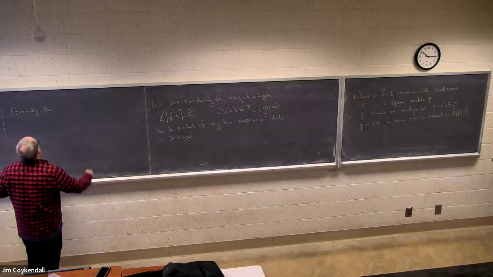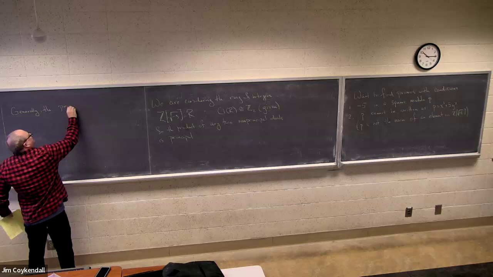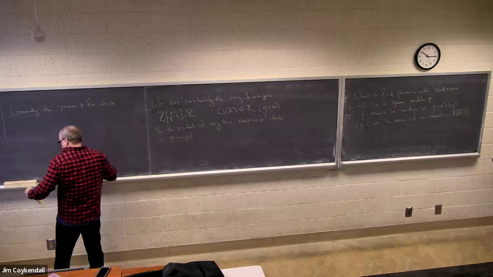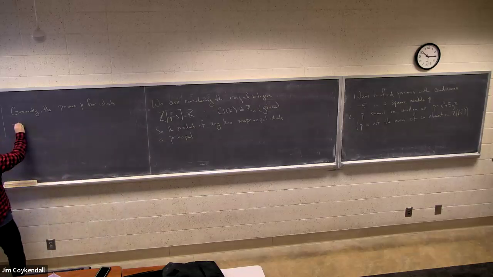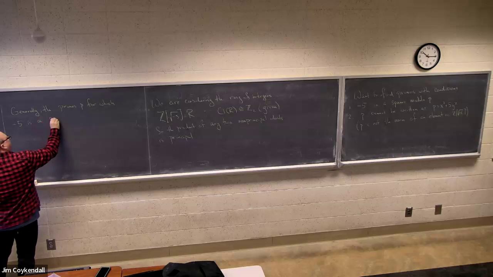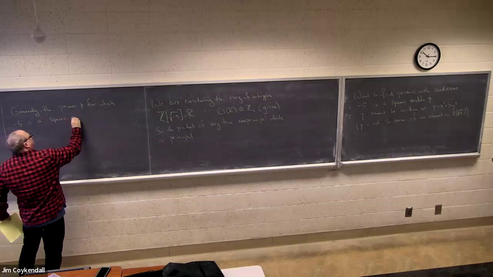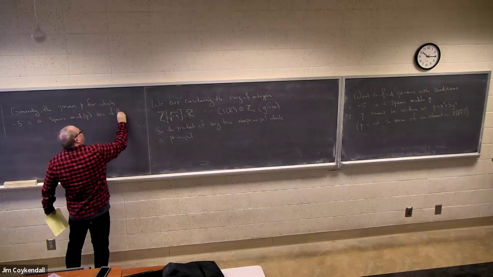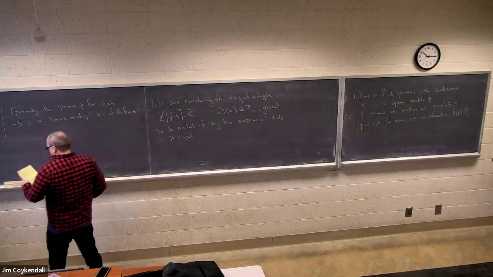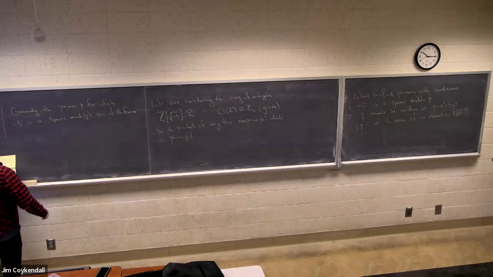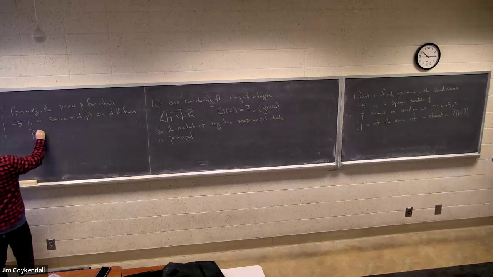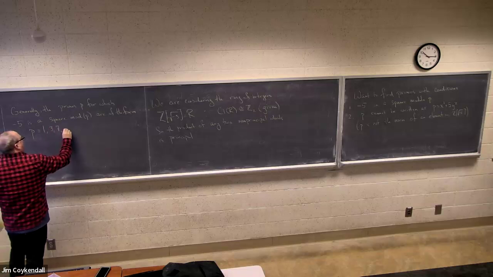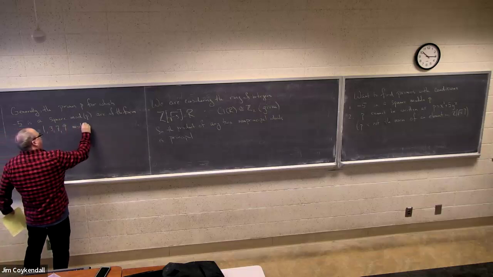Generally, the primes P for which minus 5 is a square mod P are those where P is equivalent to 1, 3, 7, or 9 mod 20.